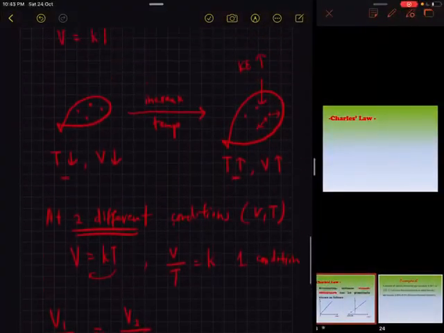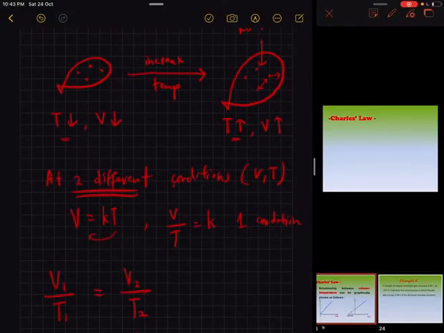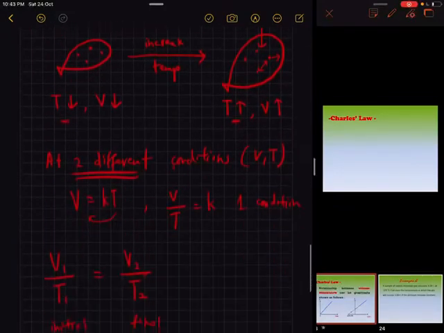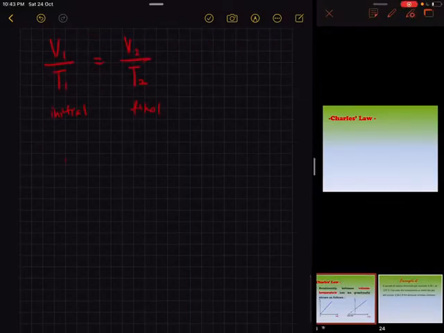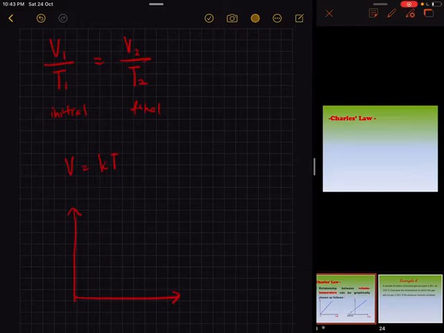Now, before that, when you want to show the graph, say the graph for V equals to KT, when you plot the graph between volume and temperature, what shape do you see? The shape, you apply the straight line graph equation, Y equals to MX plus C. Our C is 0.